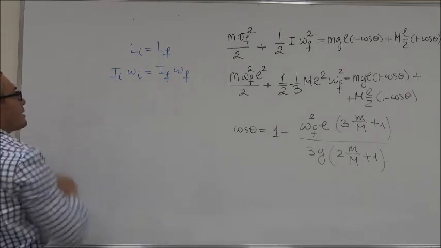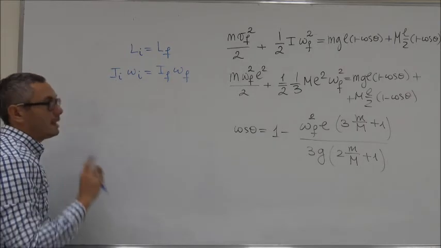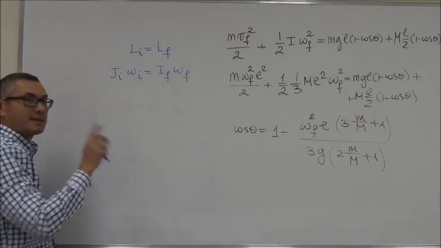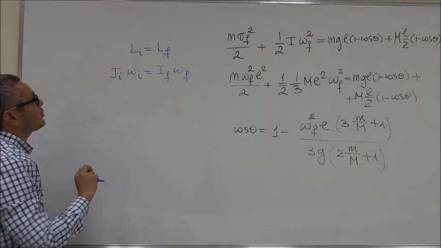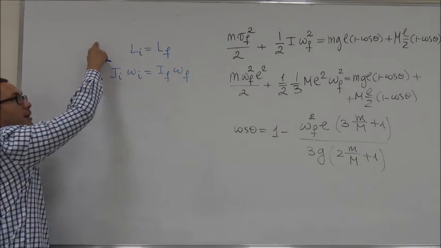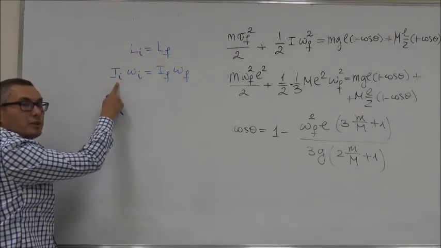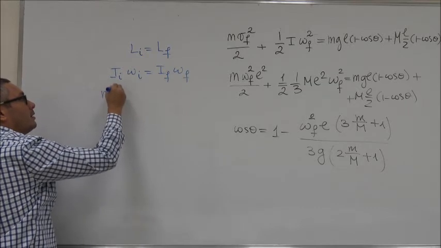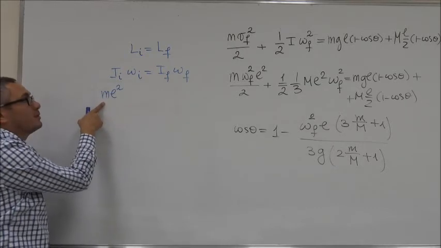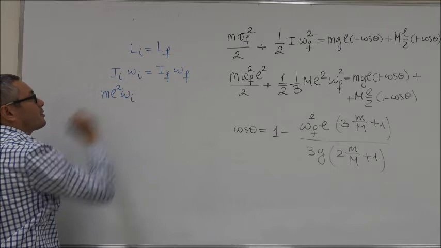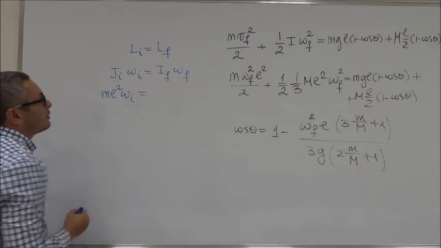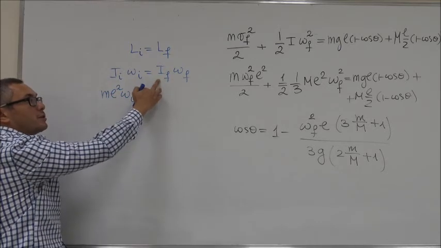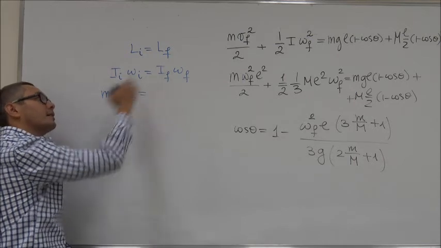So what is our I initial? Remember, initial, it is just before the collision. So initially, with respect to the pivot that we have here, the moment of inertia of the system is simply ml squared, where m is the mass of the block, times omega initial, equals moment of inertia of the system right after the collision.